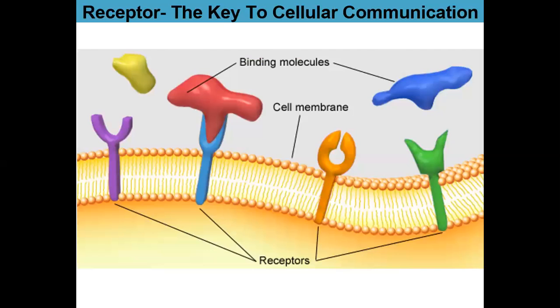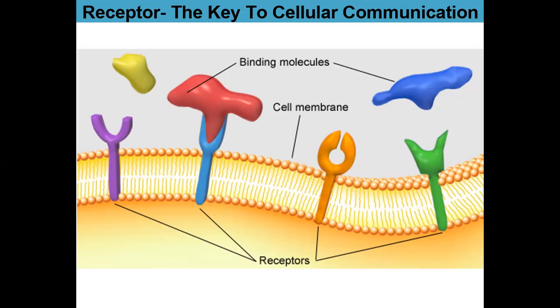So here you see the receptors are the key to cellular communications, and as I told you, there are many receptors in our body. Just take our sensory mechanisms, you know that we have five senses, and these senses work as per our nervous system, and they receive the signals and process those signals, and the target cells respond accordingly.